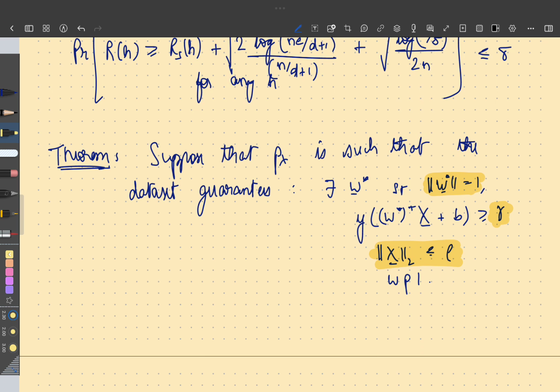Basically, you don't see any data points that are too close to the ground truth hyperplane.